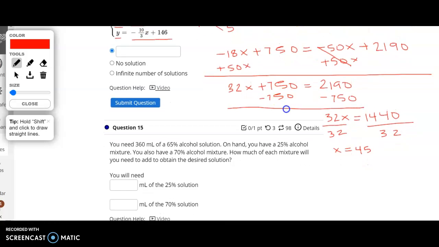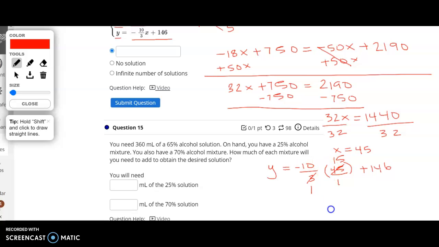We'll do it in that bottom equation since that's all that's showing on my screen. So we have y equals negative 10/3 times 45 plus 146. So let's make 45 over 1. We'll cross cancel. This is kind of what I was doing before. So 3 goes into both 3 and 45. 3 goes into 3 once. 3 goes into 45 15 times.